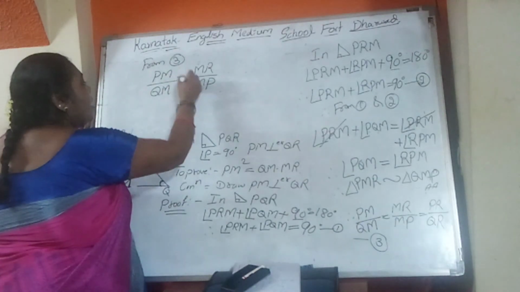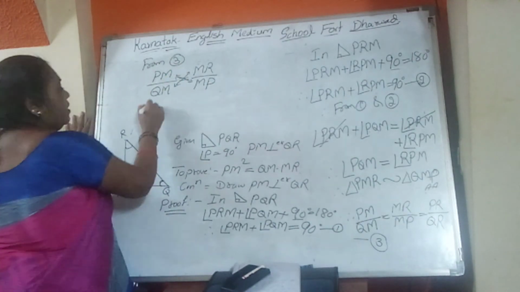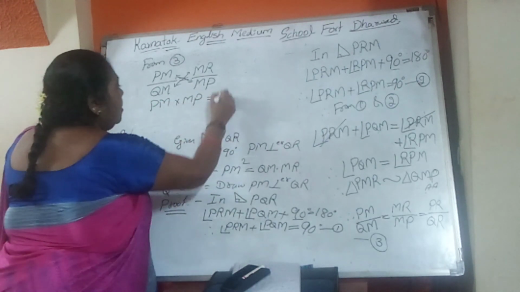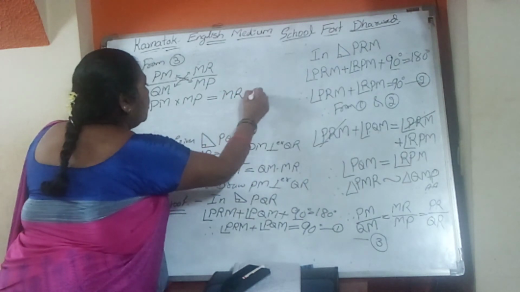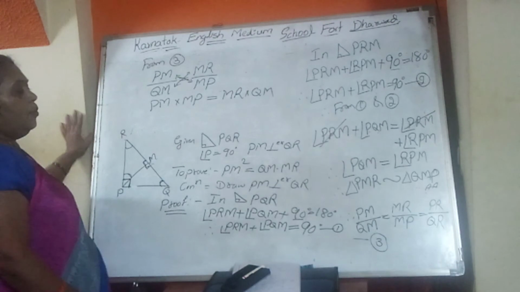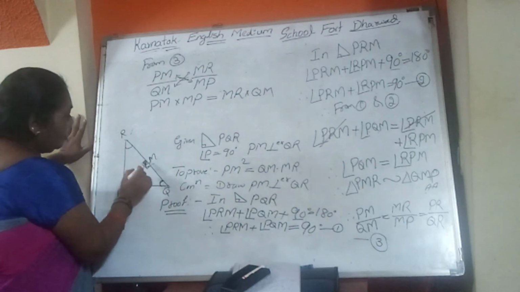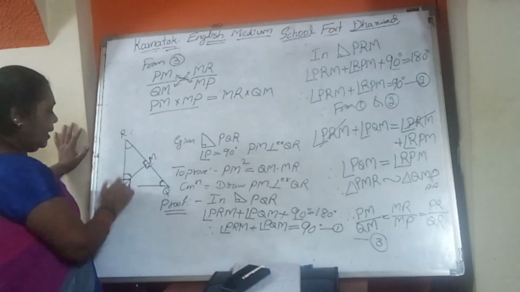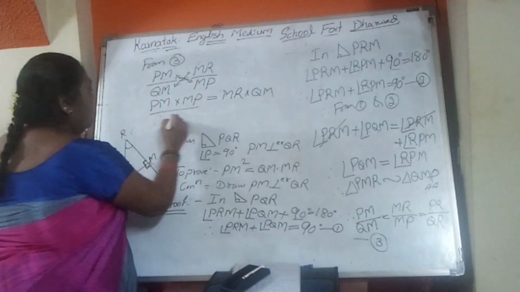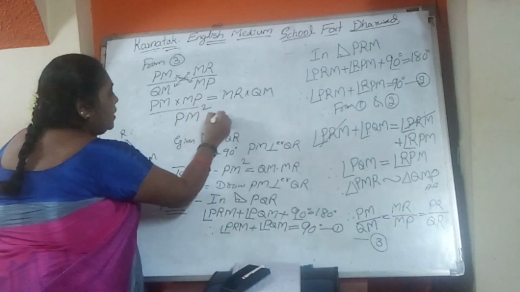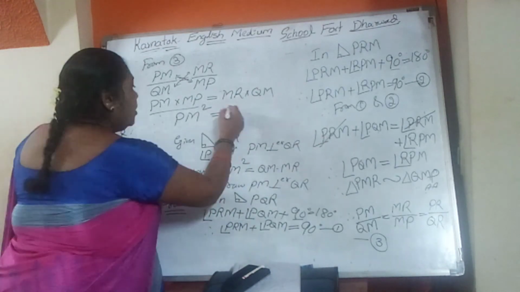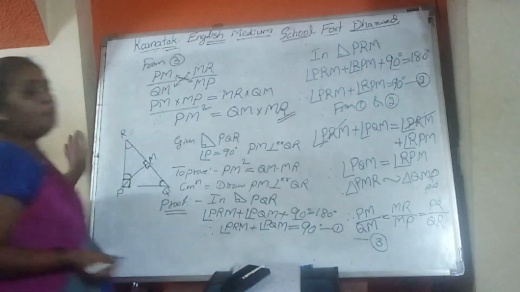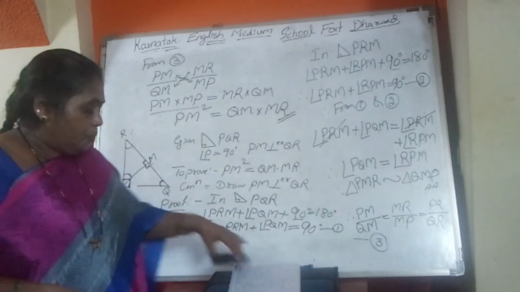So, cross multiplication: PM into MP is equal to MR into QM. Observe here, PM and MP both are equal. Therefore, PM square is equal to QM into MR. You proved now? These examples you proved now?